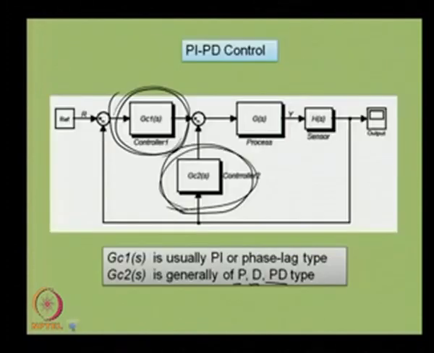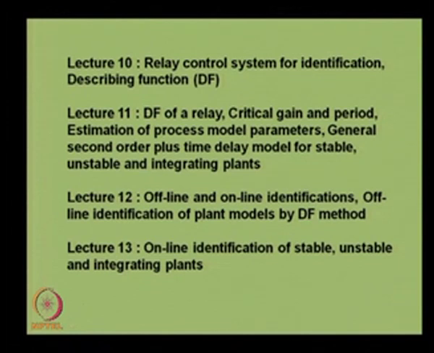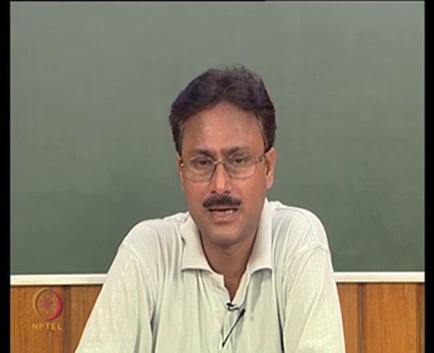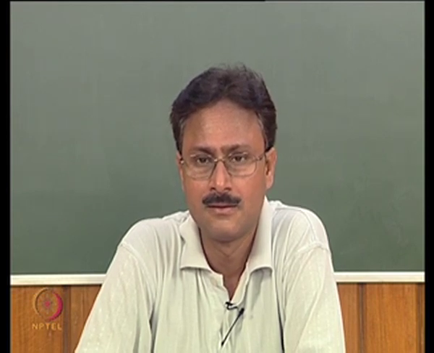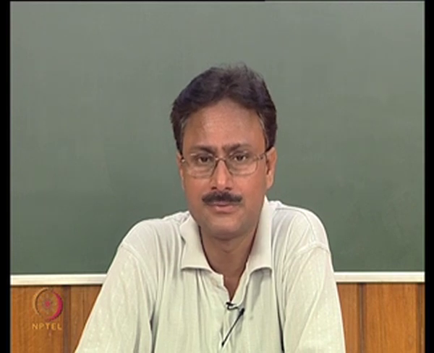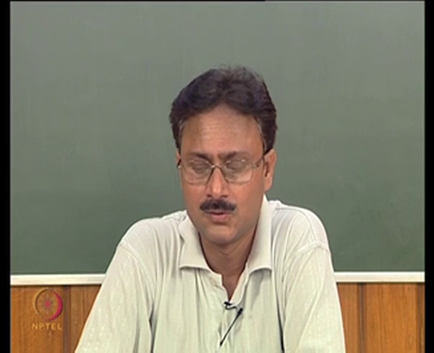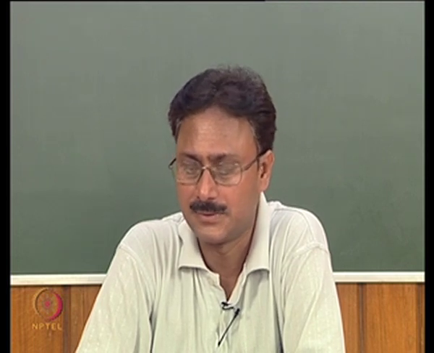Lecture 10 will be on relay control system for identification. What is identification of a system? Identification is meant by finding the dynamics of a plant or process with available information.